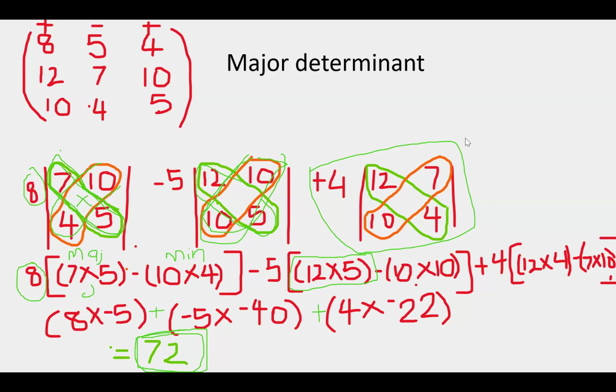Now that I don't know because I'm not the setter of the paper, but they could also limit you to Cramer's rule because they know most learners are conversant with elimination and substitution, and they might want to test your knowledge of Cramer's rule because they know that most of us are more familiar with the other two options of elimination and substitution. So that's why in this particular question, my approach was Cramer's rule so that I could take you through how to apply it, since it's also a method one can use to obtain responses to three simultaneous equations. I hope I've answered your question.